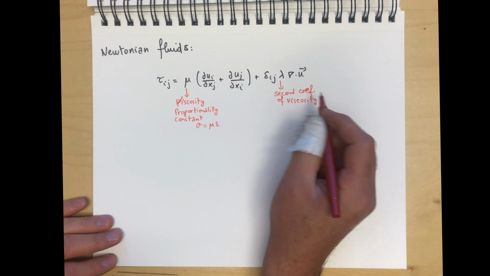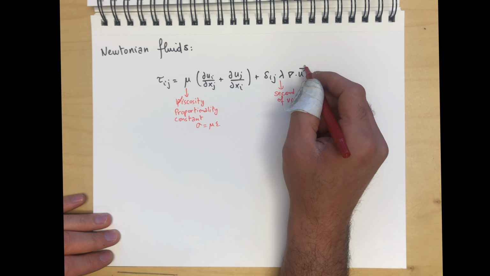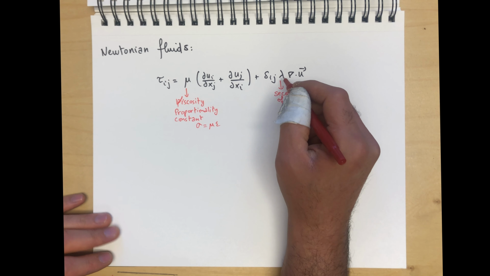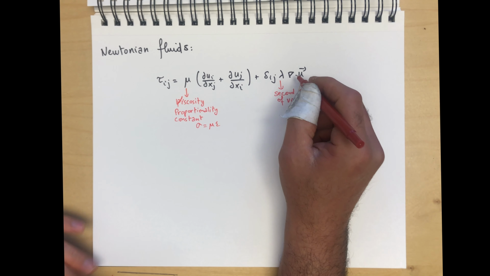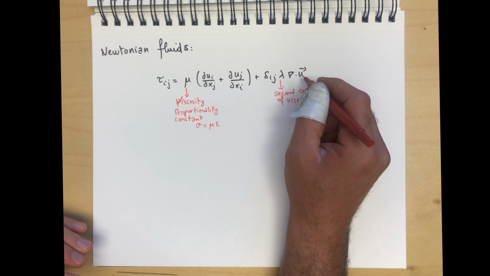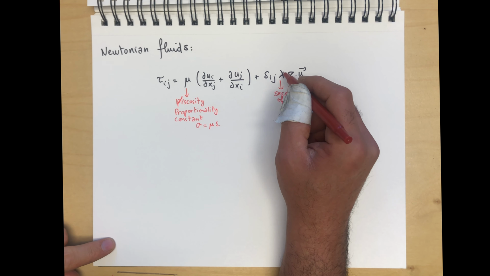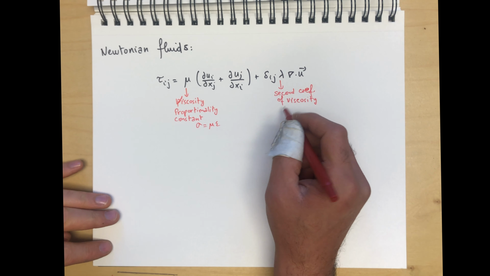And more on that in a little bit. For incompressible fluids, this guy will be 0, so we don't even care what lambda means. But for flows where you have really significant dilatation, you have to take this into account.